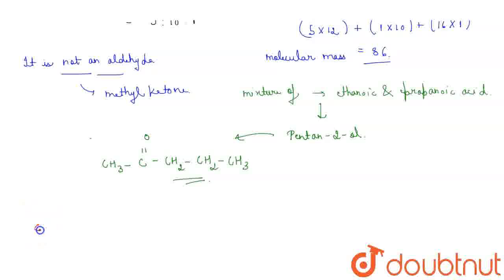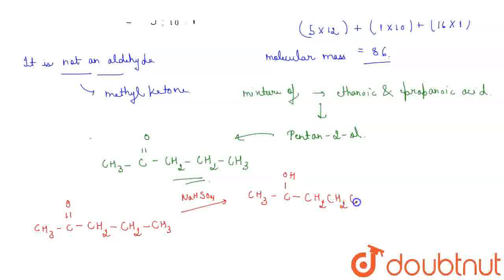This is pentan-2-one, which when it reacts with NaHSO3, sodium hydrogen sulphite, gives CH3-C(OH)(SO3⁻Na⁺)-CH2-CH2-CH3, that is the addition product. So this is the addition product in the reaction.